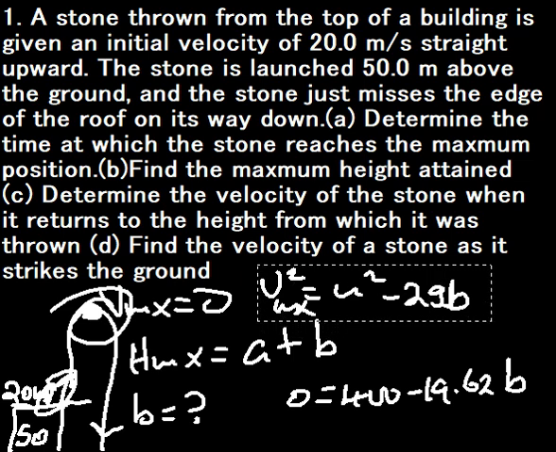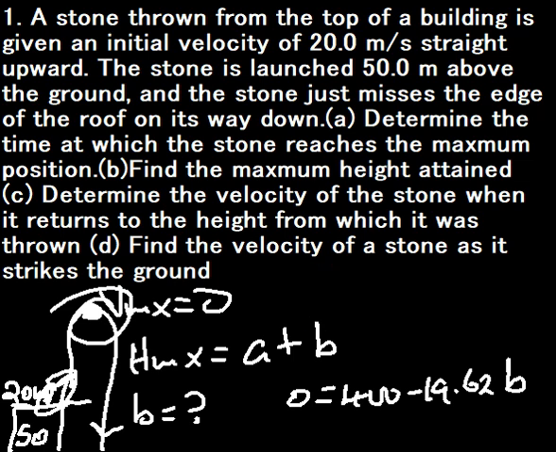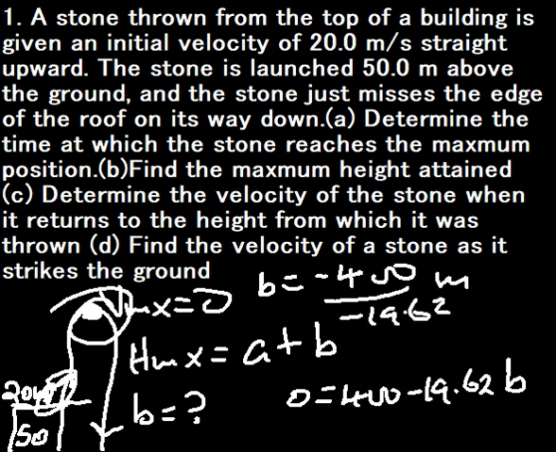That will give us B is equal to negative 400 divided by negative 19.62. We'll have that in meters.